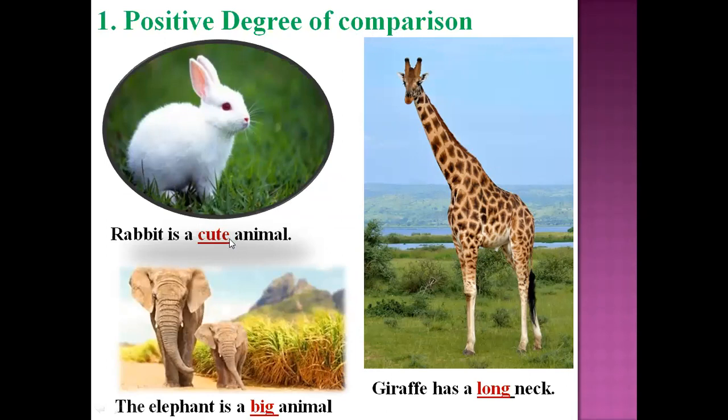The rabbit is a cute animal. The elephant is a big animal. The giraffe has a long neck. These three pictures are expressing the positive degree of comparison.